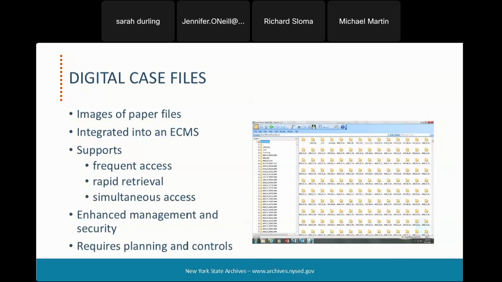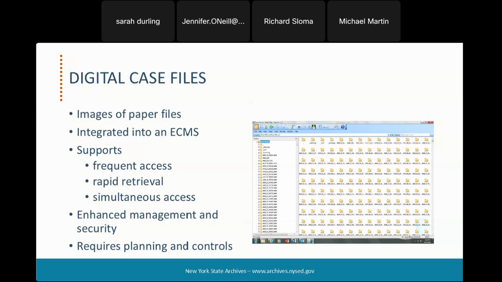So for instance, the image you see on your screen is probably a town's local area network, and you can see the various file folders. These could also be integrated into an electronic case management or content management system rather.